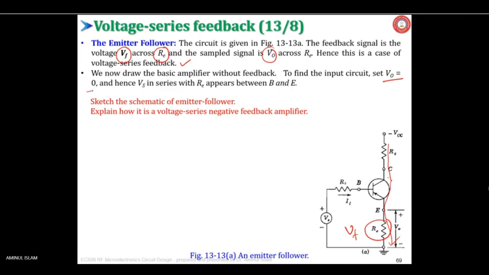To find the input circuit, set V_O equals to 0. V_O equals to 0 means what?